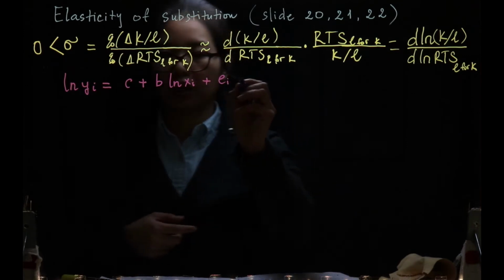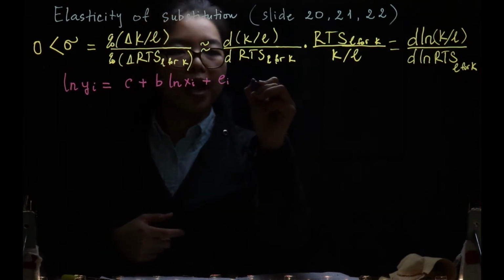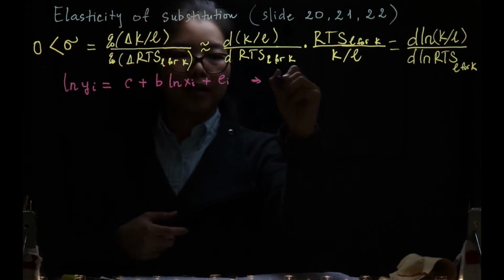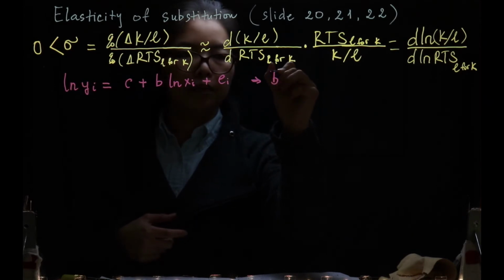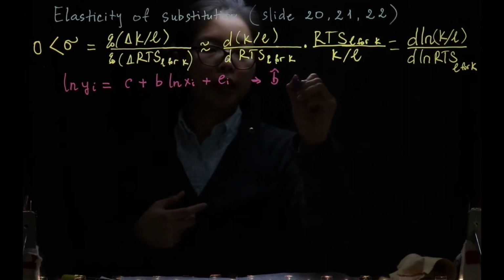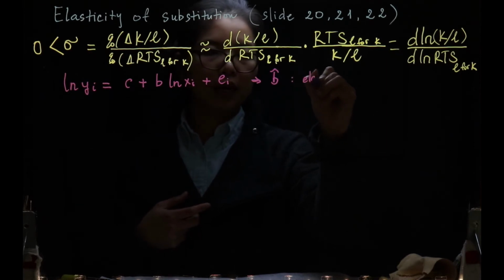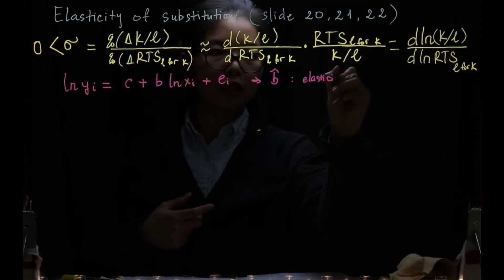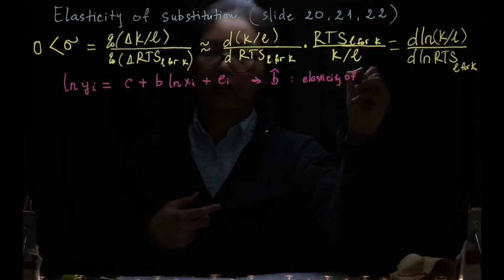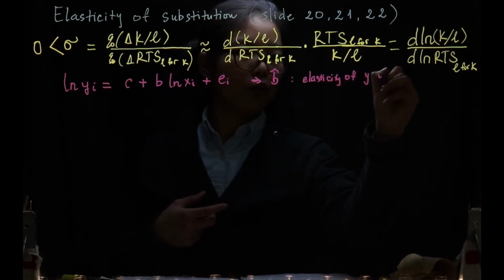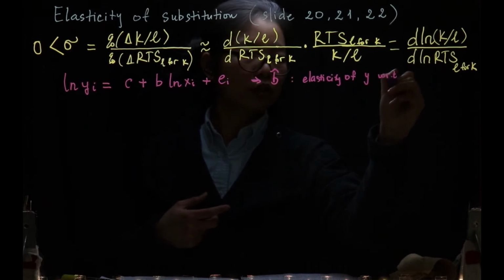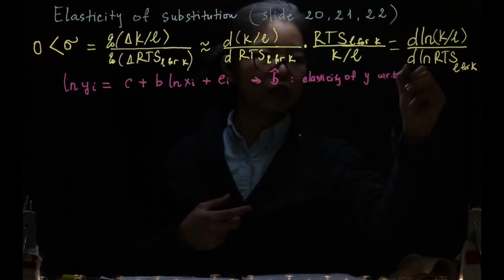Don't worry about the vocabulary now. The estimated b coefficient can be interpreted as the elasticity of y with respect to x.